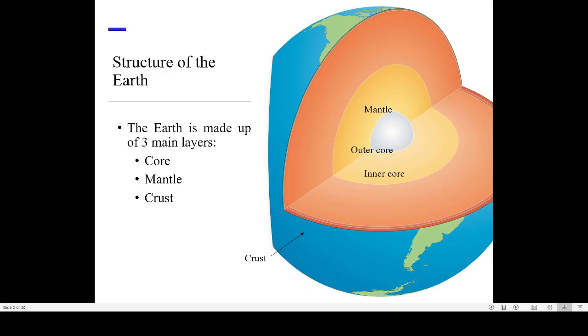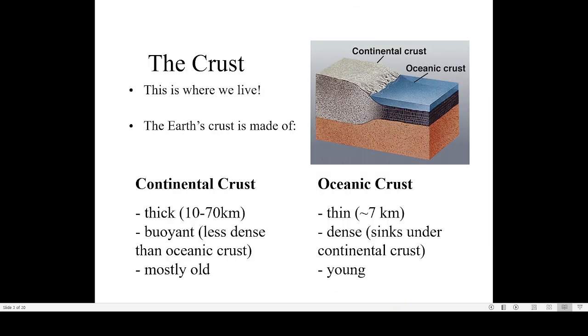Basically the core can be divided into an inner core as well as an outer core. Now the mantle is basically liquid in nature. You have noticed volcanic eruptions. When volcanic eruptions take place, what comes out is magma. What is magma actually?